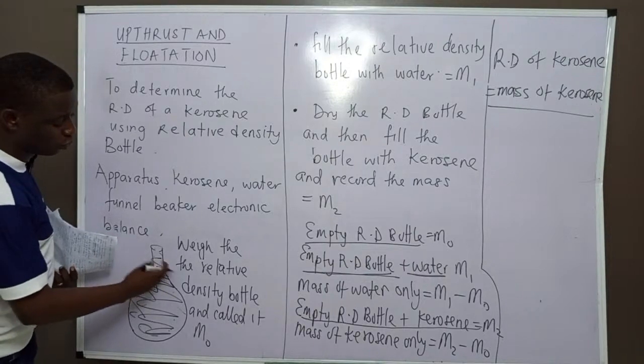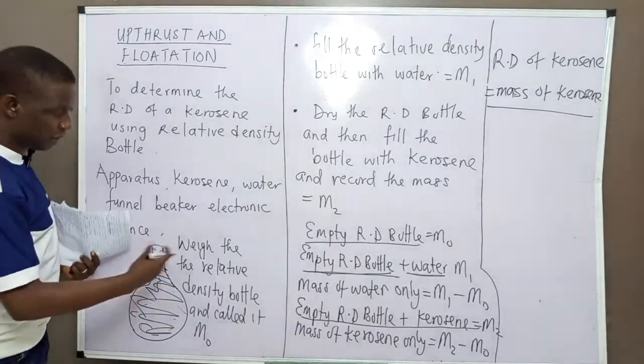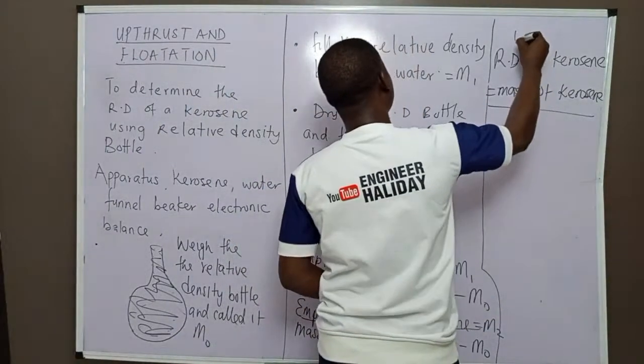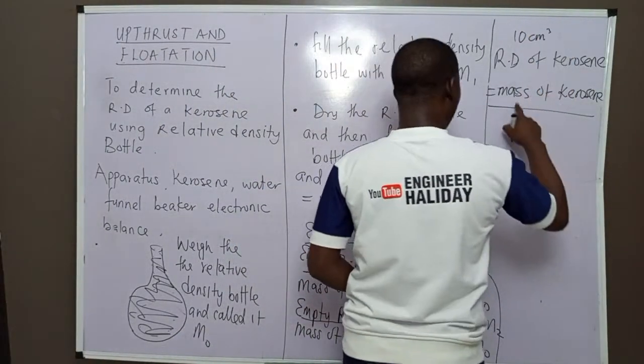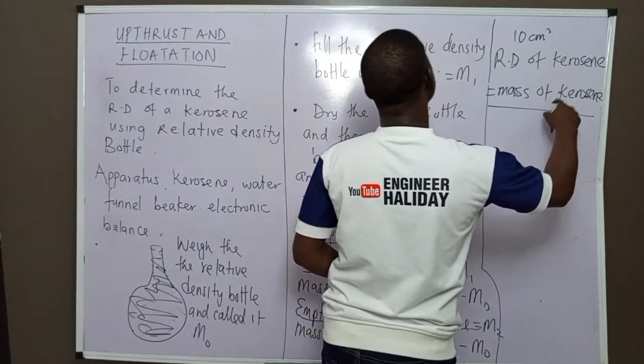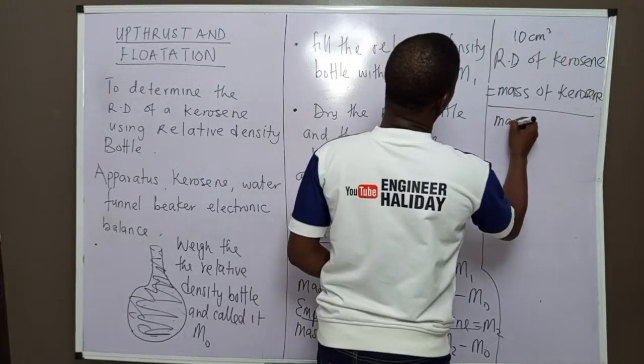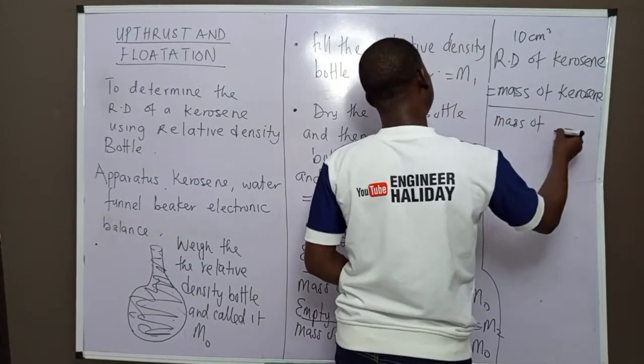Maybe the volume of the relative density bottle, the volume of the kerosene, let's say 10 centimeter cube. So the mass of 10 centimeter cube of kerosene over the mass of 10 centimeter cube of water.